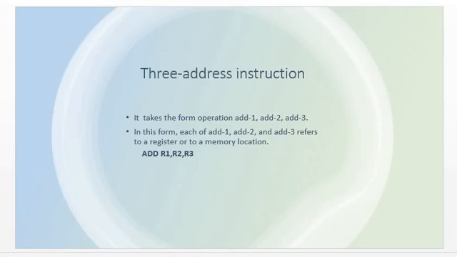So a 3 address instruction takes the form of add 1, add 2, add 3, as represented here: add R1, R2, R3, which is add register 1, register 2, and register 3.